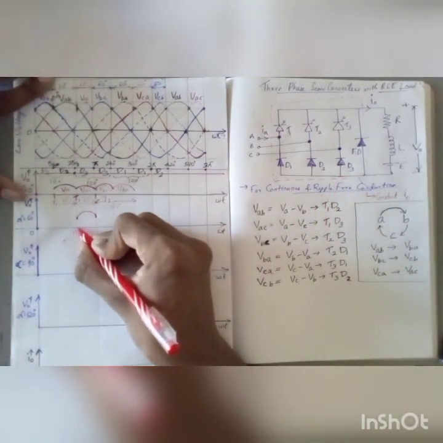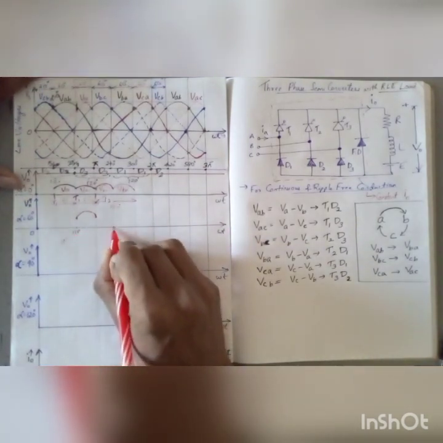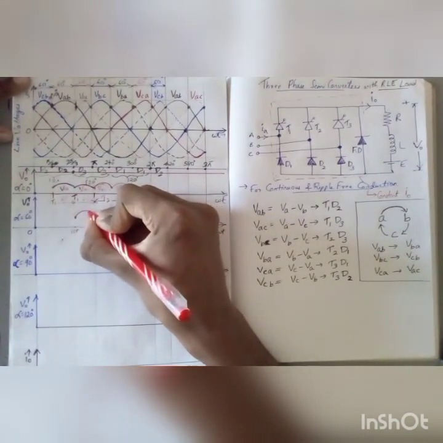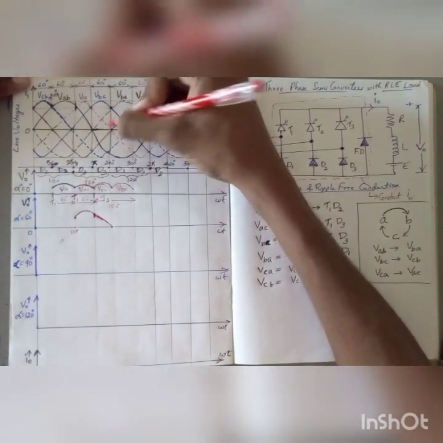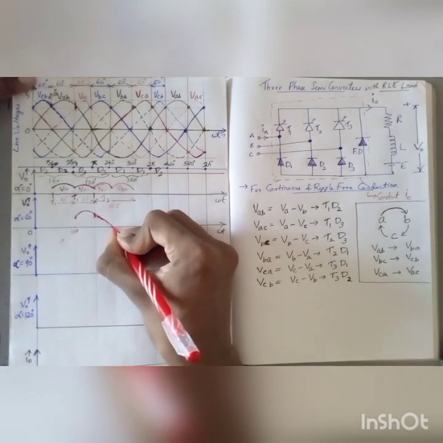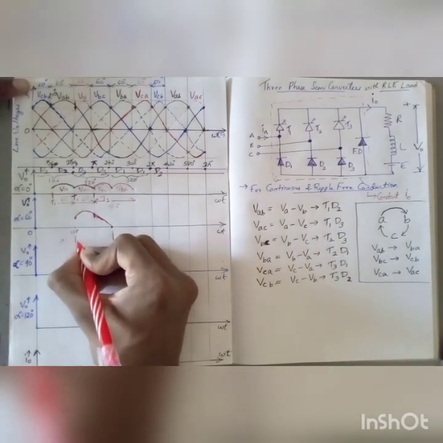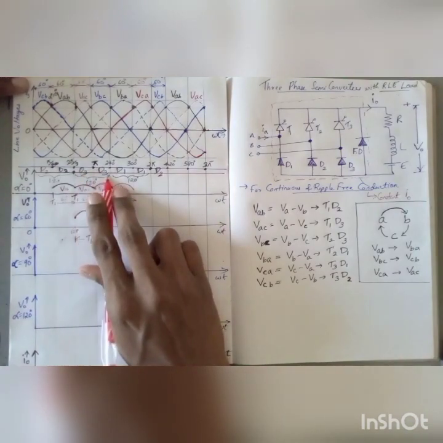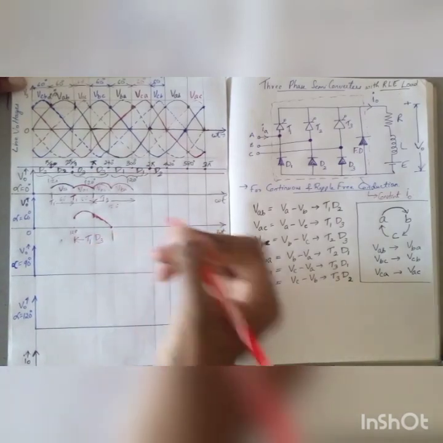So from 120 degree to 240 degree, VAC will appear across my V0. Okay. Hope it is clear for you. Up to this point, T1 is conducting. As I said, D3 is also conducting during VAC, and so T1 D3 is the combination. They conduct for 120 degree.